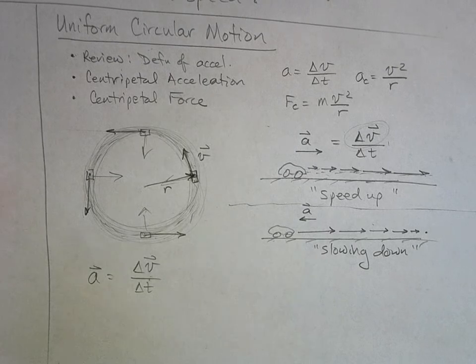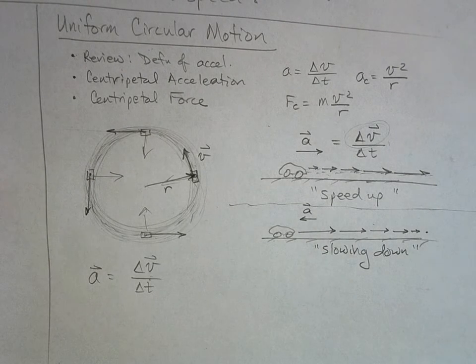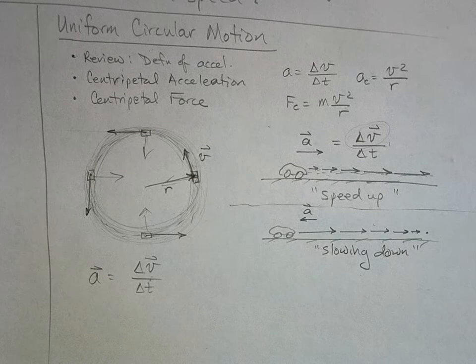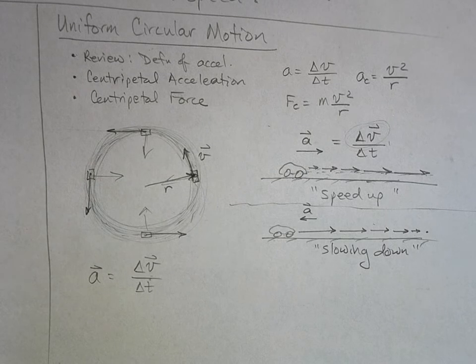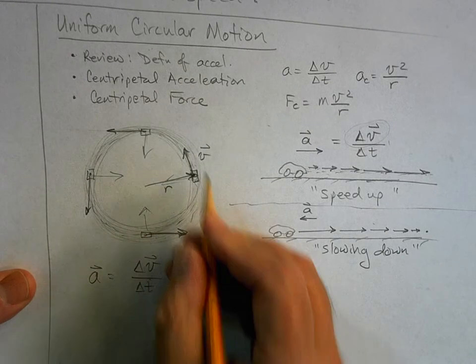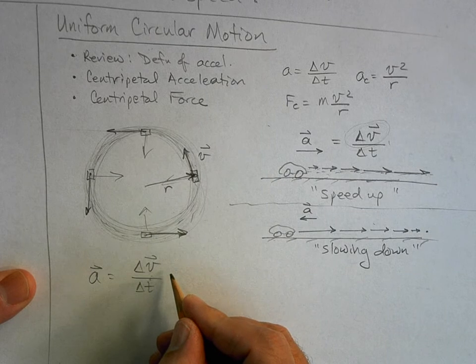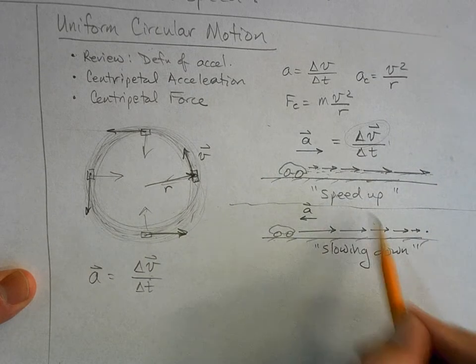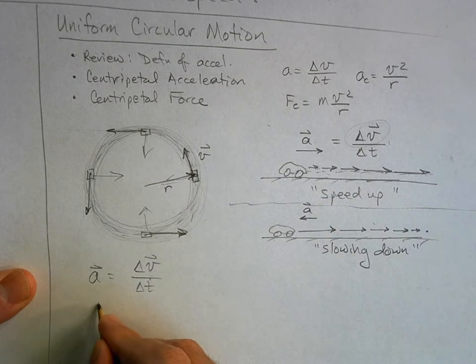And if you go around a turn, or if you're on a merry-go-round or something like that, it's making you go in a circle, you can experience that acceleration that changes your direction. And we have a name for this acceleration, where instead of speeding up or slowing down, it's changing direction.